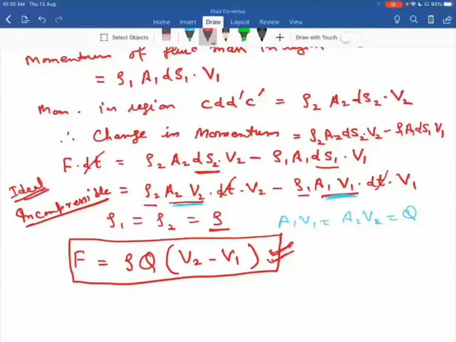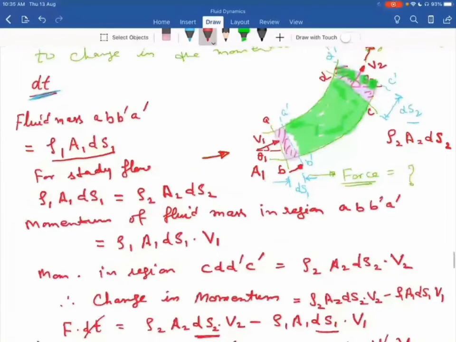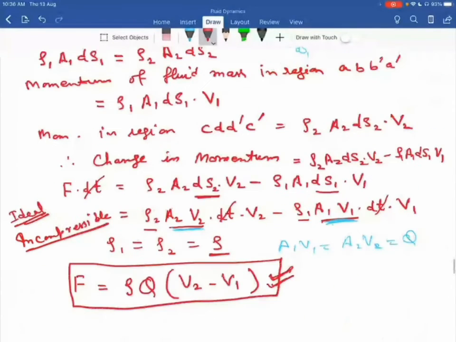What is the meaning of this force? This is the force acting on this fluid जो ग्रीन कलर से मार्क किया. ठीक है जब किसी बेंड के थ्रू पाइप के थ्रू फ्लो चलेगा so this equation gives you the force on fluid. अगर आपने इसे रिवर्स निकालना हो इसका रिएक्शन निकालना हो, the force by fluid on the bend, on the pipe.